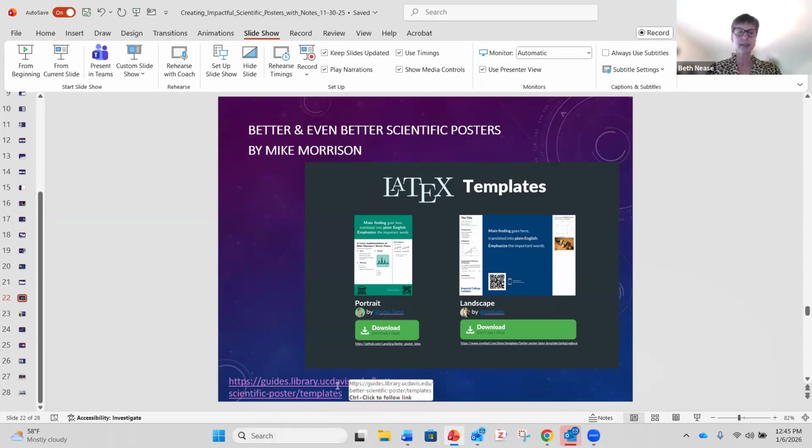It's actually on UC Davis's LibGuide page, which makes me think that maybe they've embraced it as well. But the concept is that for his poster, his suggestion is make the title really big so that as I'm cruising by the posters, I can see it.